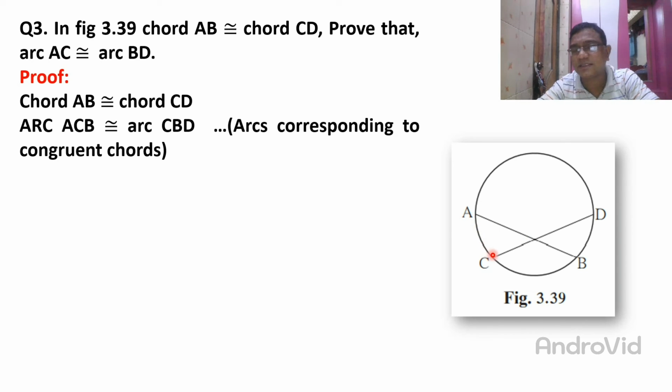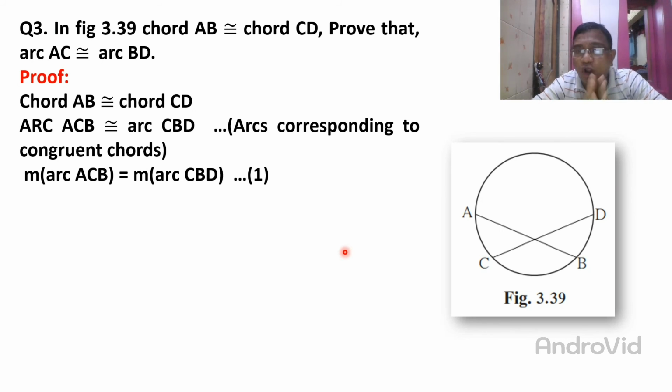So arc ACB is congruent with arc CBD, because the arc corresponding to chord AB is congruent to the arc corresponding to chord CD, which is arc CB plus BD. Chords congruent, so corresponding arcs are congruent.